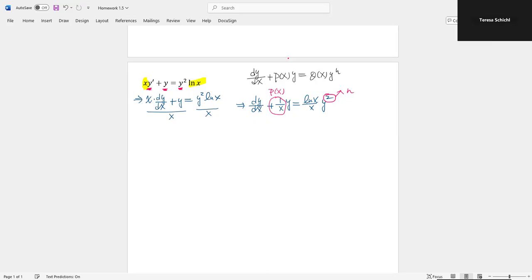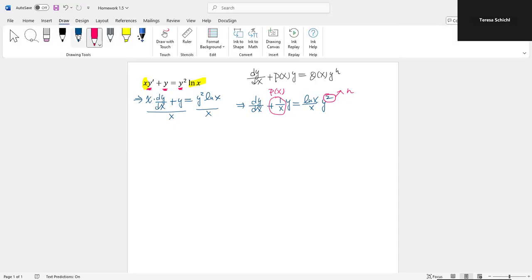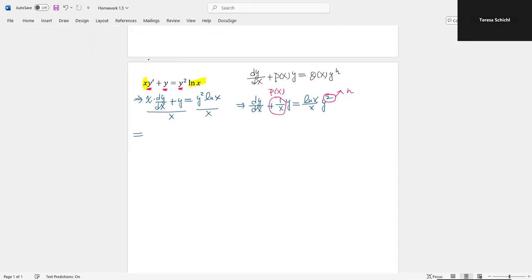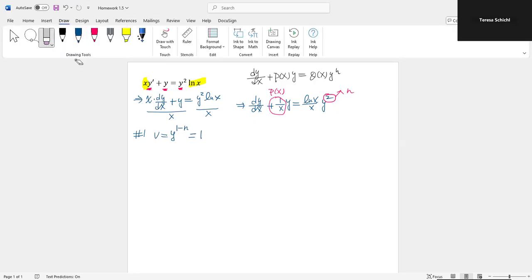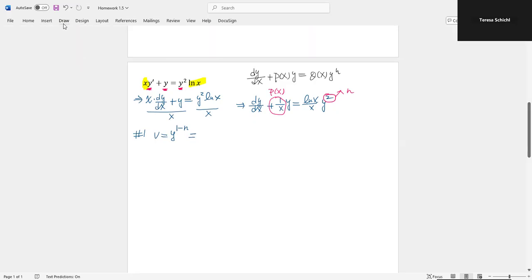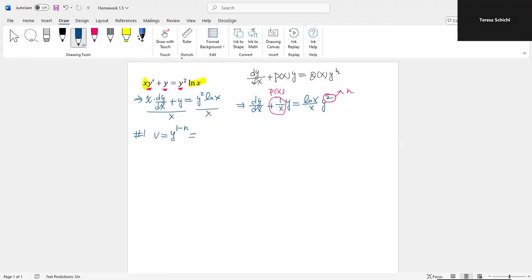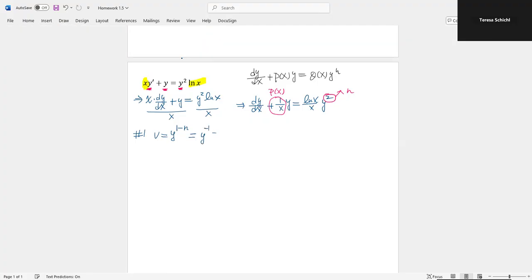Now we can follow our typical steps. The first step is to define a new variable v. I will say v equals y to the 1 minus n, so it's 1 minus 2, which gives y to the negative 1, which is 1 over y. Then I'm going to take the derivative on both sides.